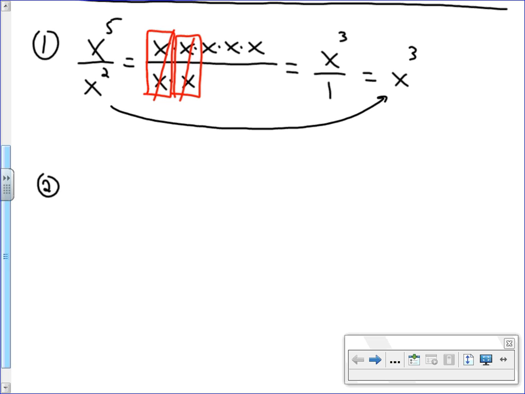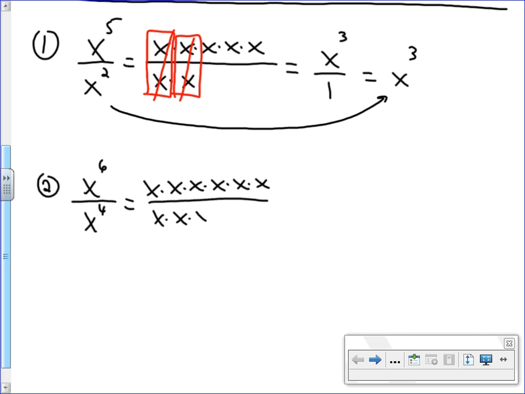We'll do another example. x to the sixth divided by x to the fourth. Okay, so 6 x's in the numerator, 4 x's in the denominator, and then look and see how many cancel out. 1, 2, 3, 4 of them.